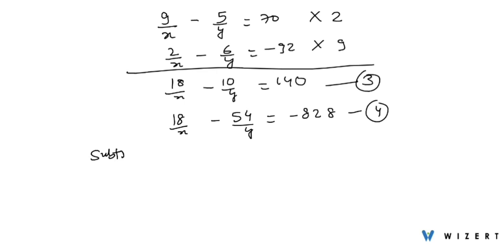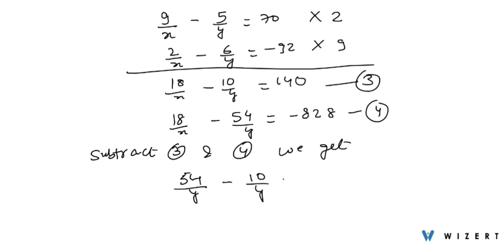So now for simplification, we'll subtract 3 and 4. After subtracting 3 and 4, 18 by x minus 18 by x gets cancelled. So we'll get 54 by y minus 10 by y is equal to 140 minus minus 92, so plus 92 gives 828.